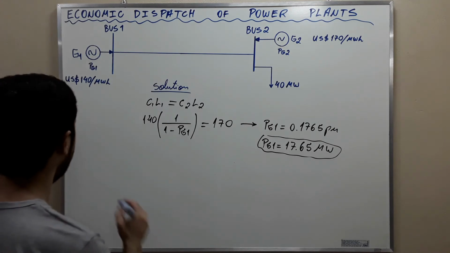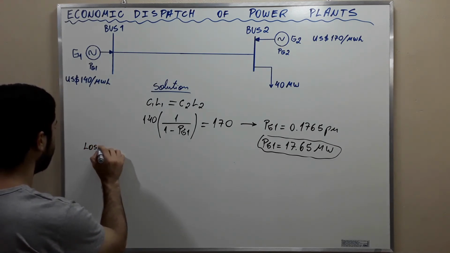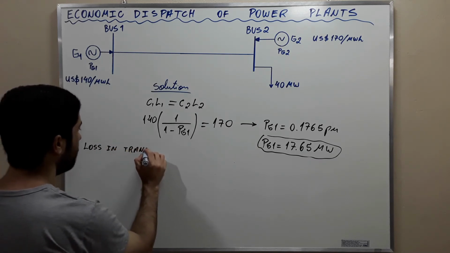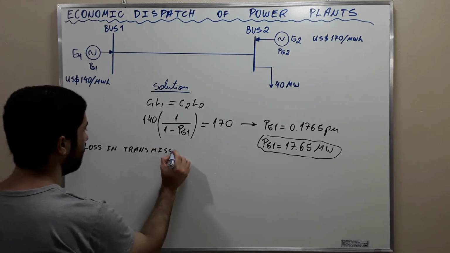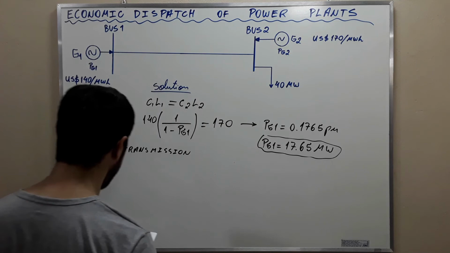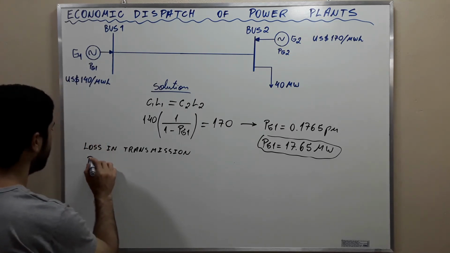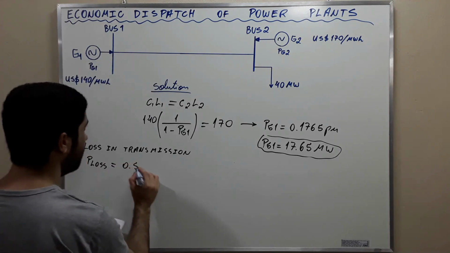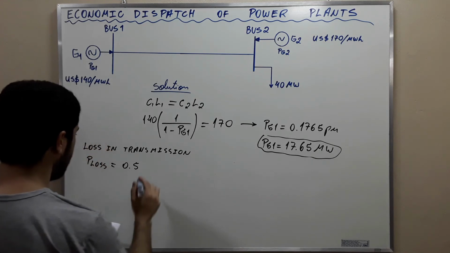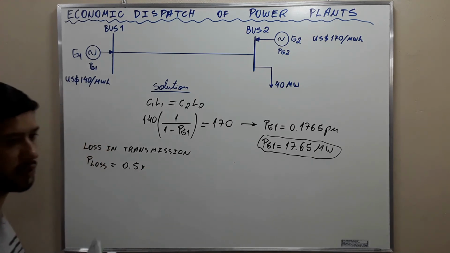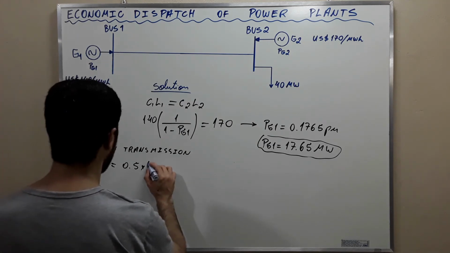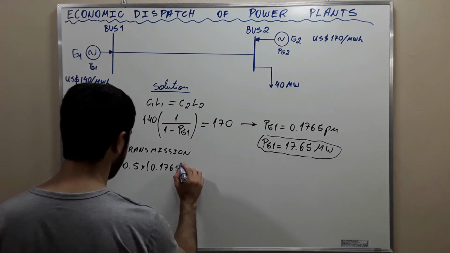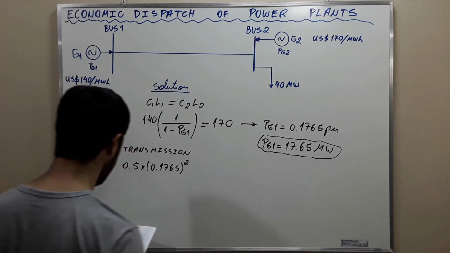The loss in transmission is going to be P loss, which is 0.5 times 0.1765 squared, okay.